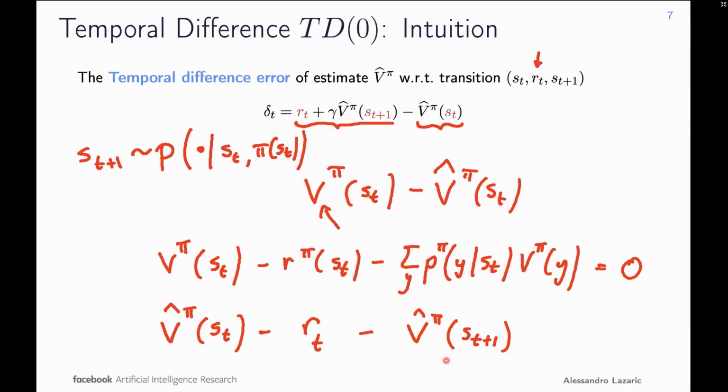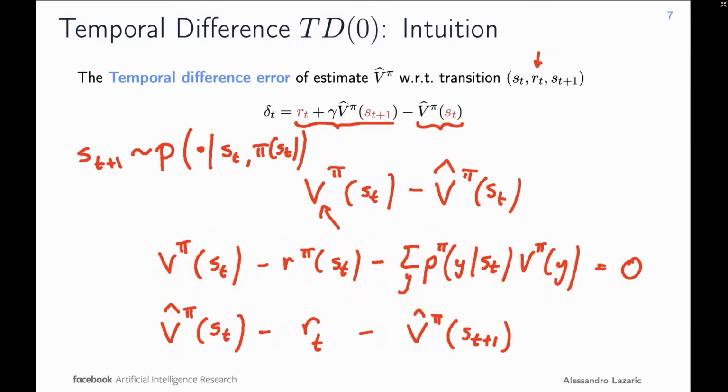So I'm taking a simple sample-based version of the Bellman equation to measure how much my v hat is not satisfying the Bellman equation. And at this point, all I'm doing is to say, okay, if I'm not satisfying the Bellman equation properly, I take by how much I'm not satisfying it, and I will correct my estimate in that direction.